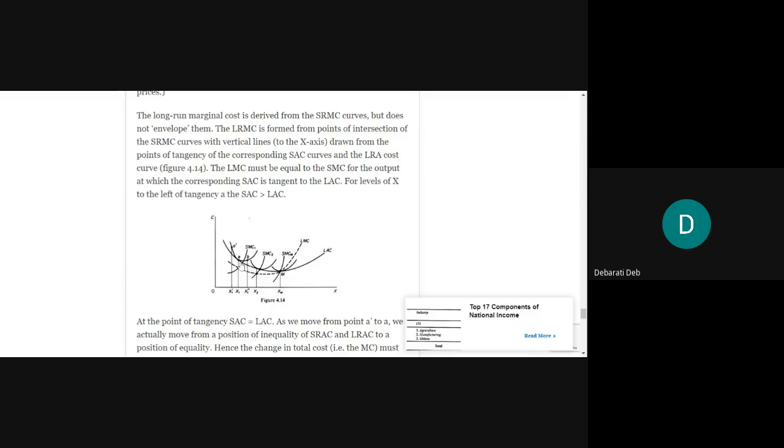As we move from point A dash to A, which is towards the left of the tangency, we actually move from a position of inequality of short run average cost and long run average cost to a position of equality.